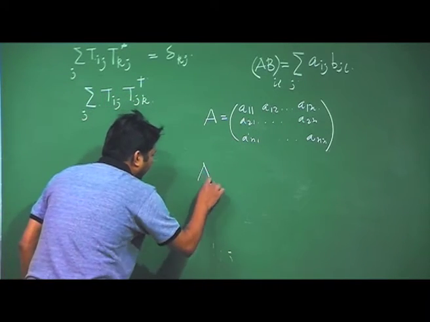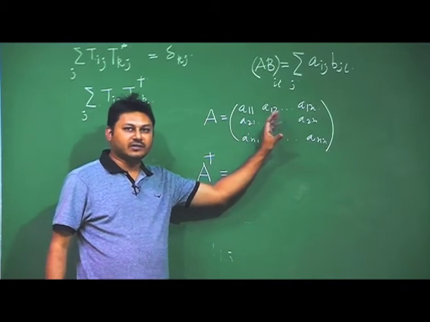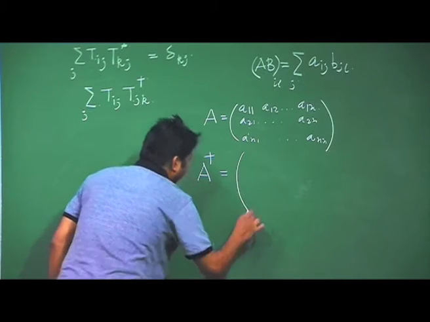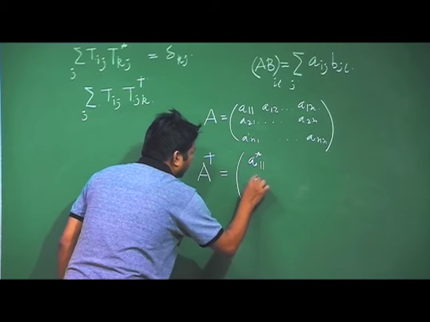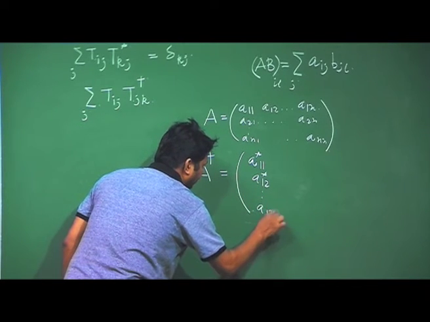If I make a dagger of that, that means first I need to make a transpose of this and then the complex conjugate. So the A dagger component will be something like A11 star, A12 star, A1n star.